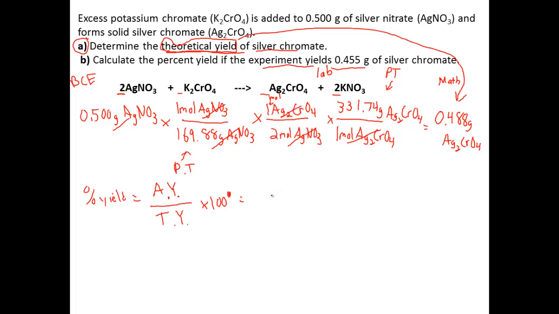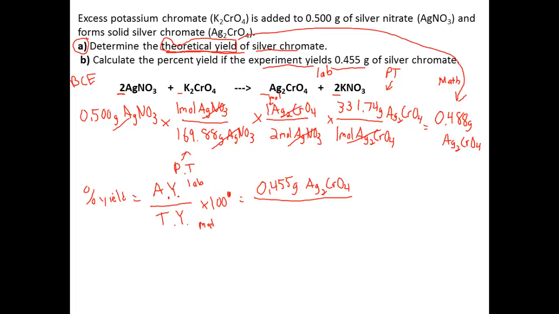So percent yield, our actual yield, we actually produced 0.455 grams of silver chromate. That's from our lab part, or the experiment.